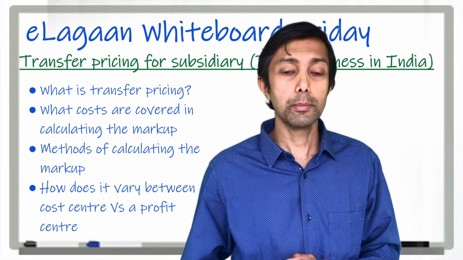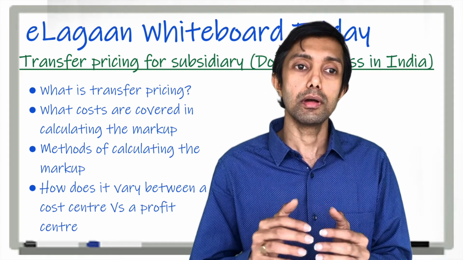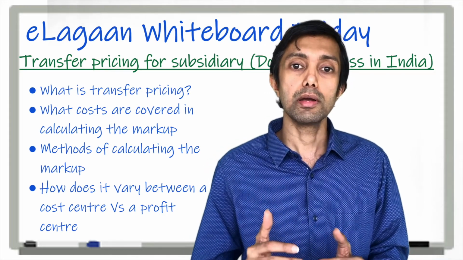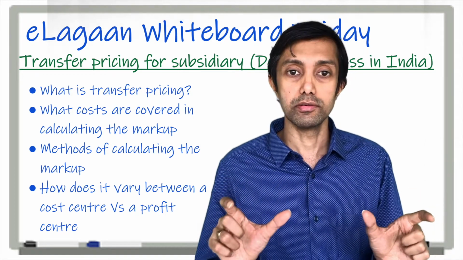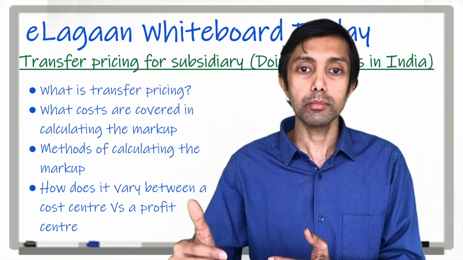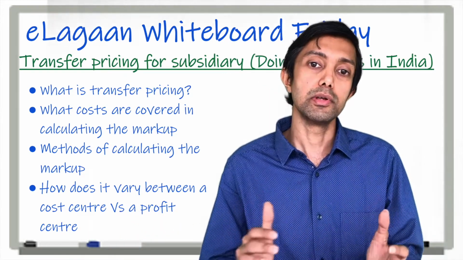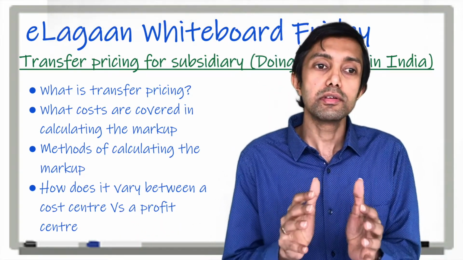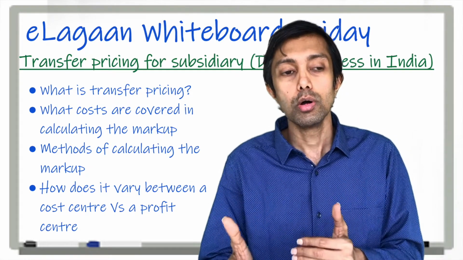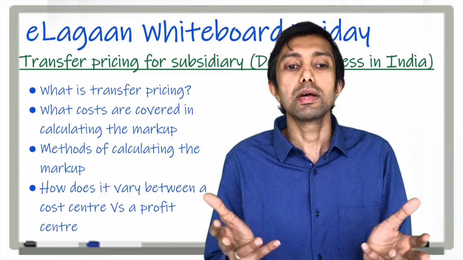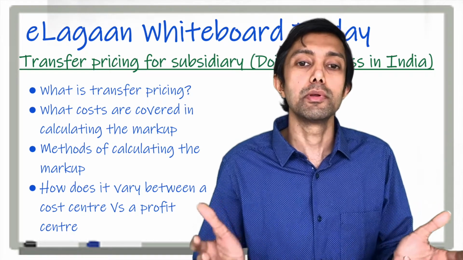So, typically, this is benchmarked by doing a FAR analysis. We look at the functions performed, the assets used, and the risks taken by the subsidiary. Because the risks taken by a subsidiary are pretty low, we would typically categorize it as a risk free or a captive unit.